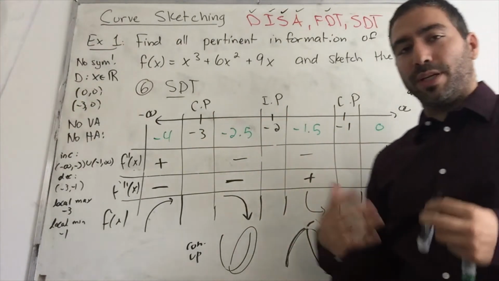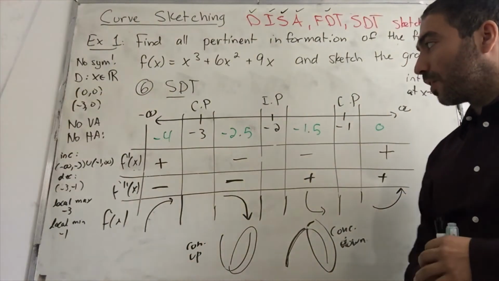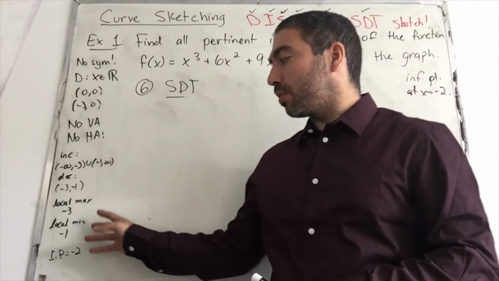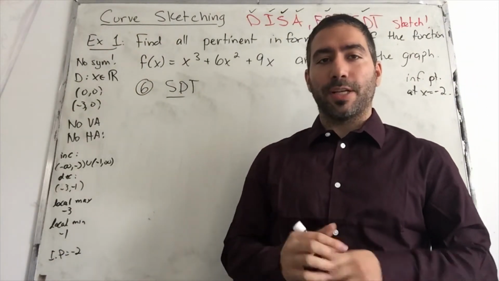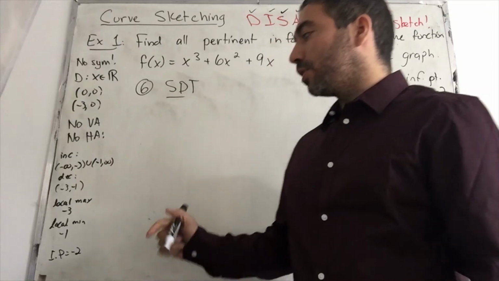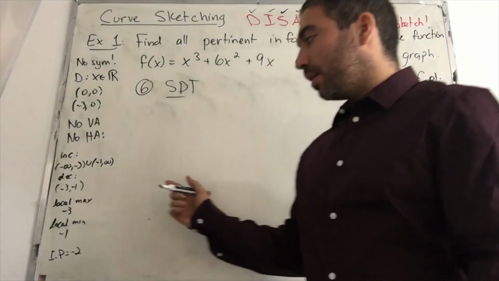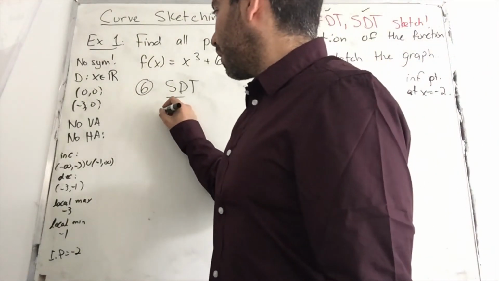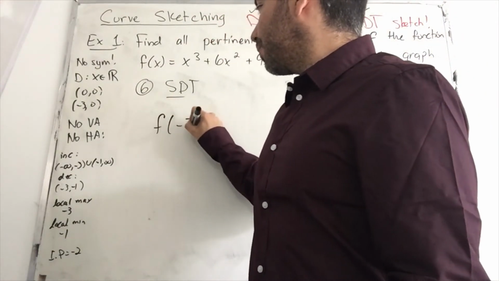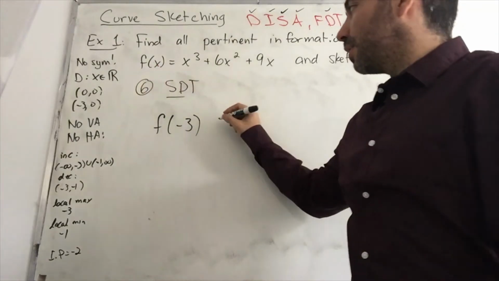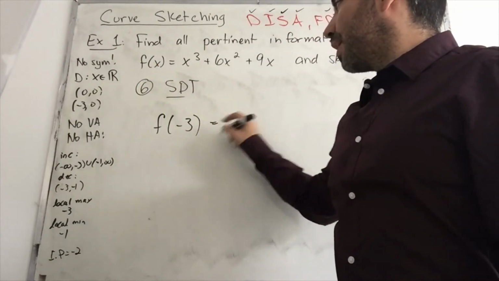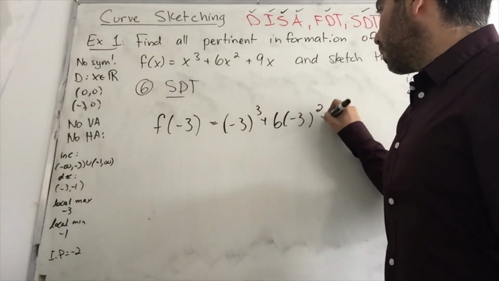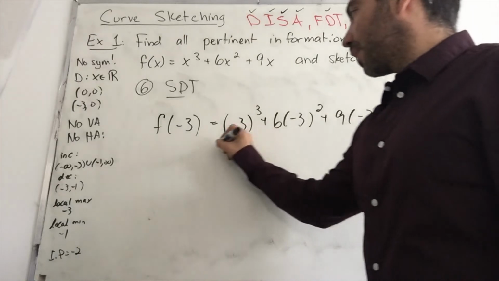Now with this information, we could sketch the actual function. So let's go ahead and do that. The next step that I would do is find the actual points where we have our local min or local max and the inflection points. We know when x was at negative 3 that we had a local max, but what's the actual point? So let's find that by plugging negative 3 into the original function. f of negative 3 equals negative 3 cubed plus 6 times negative 3 squared plus 9 times negative 3.